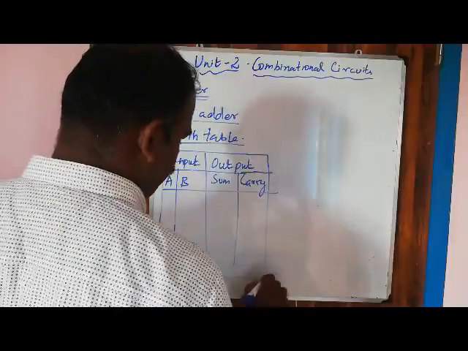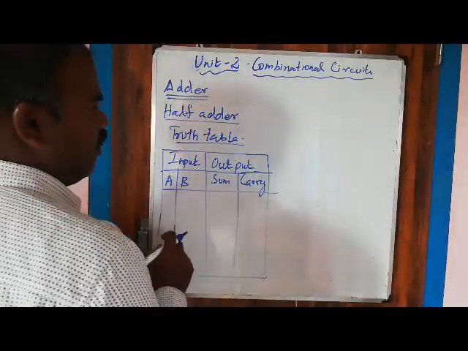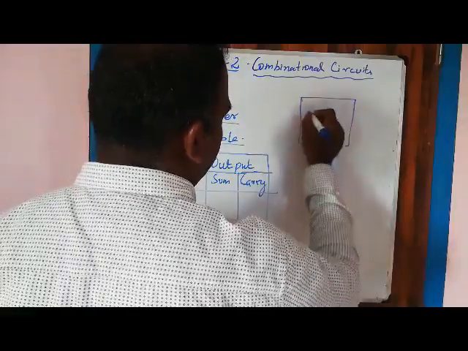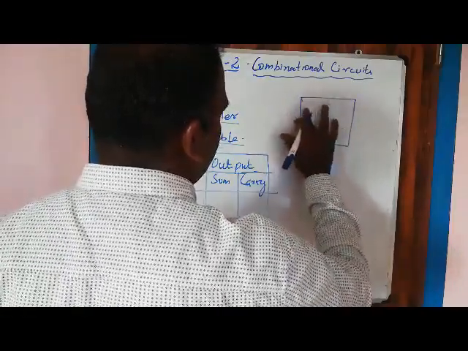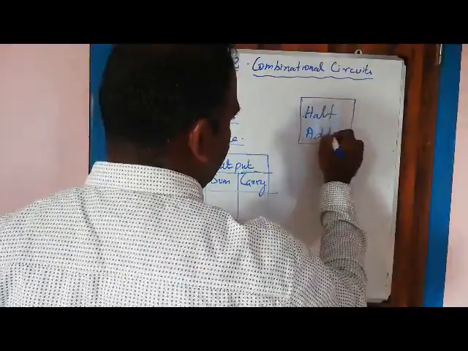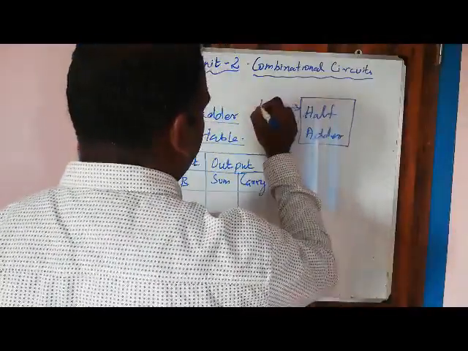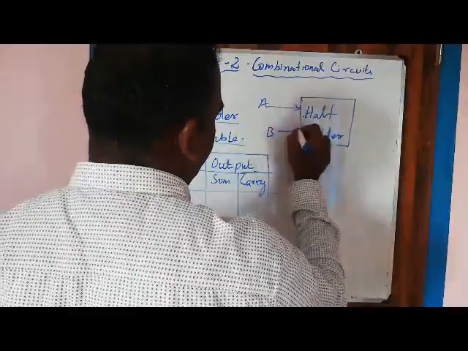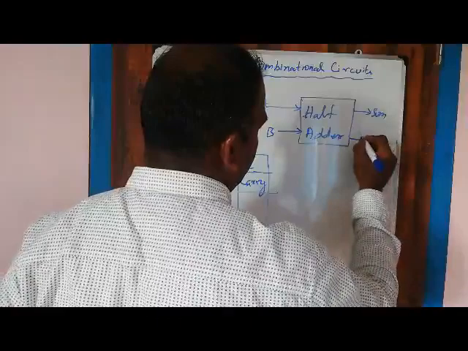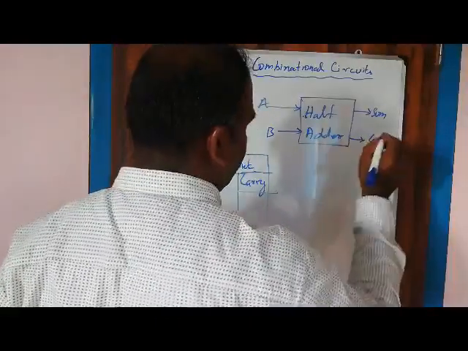So two variables are input variables for half adder. This is the block diagram for half adder. A, B are the inputs, and two outputs, sum and carry.